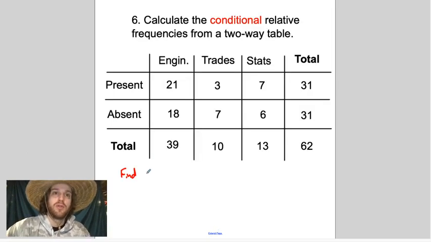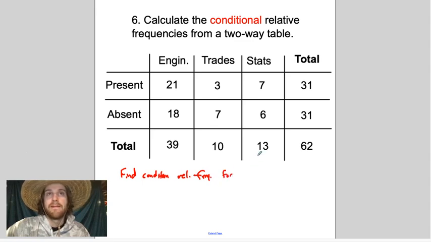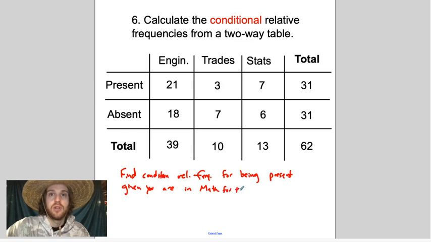Find the conditional relative frequency for being present given you are in math for the trades.